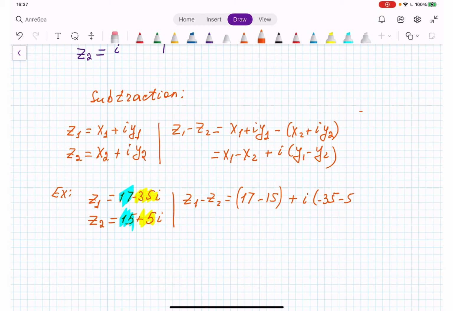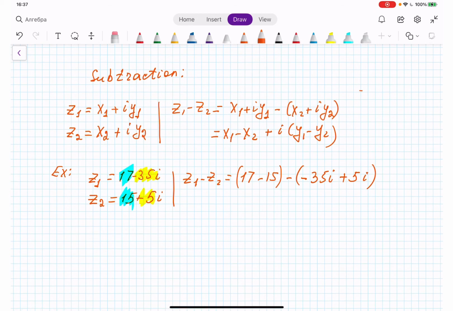Okay, I'm going to put it this way: minus negative 35i minus 5i, right? Plus 5i, yeah.